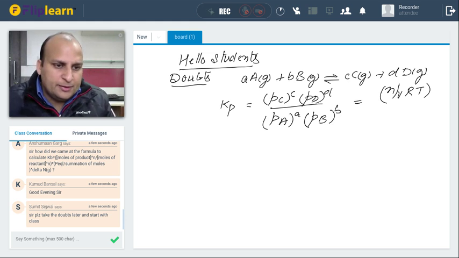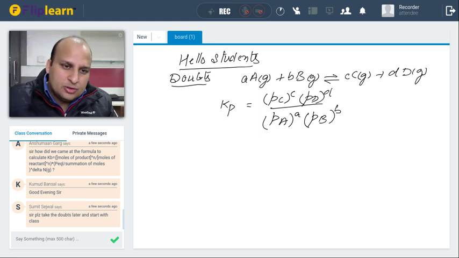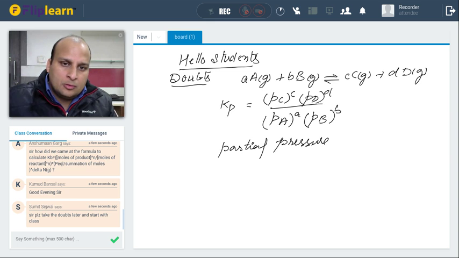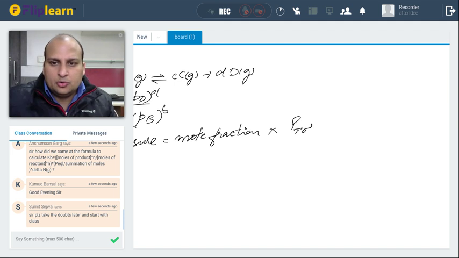Rather than going this way, I'll use the expression that partial pressure is equal to mole fraction multiplied by P total. P total over here refers to P equilibrium only.